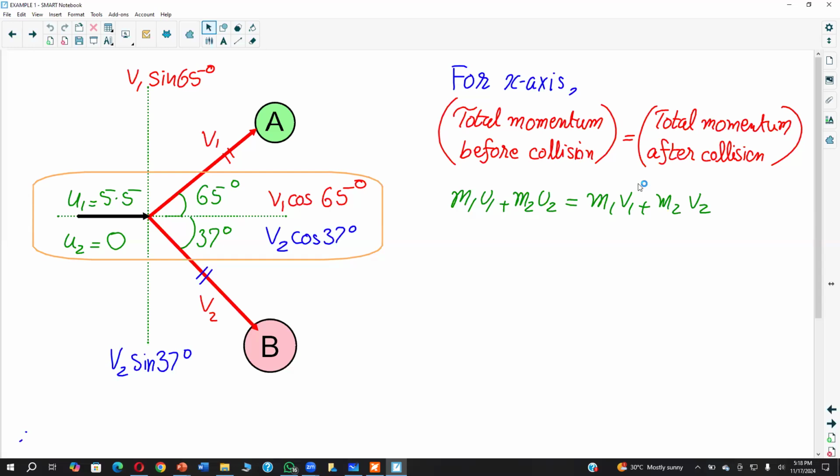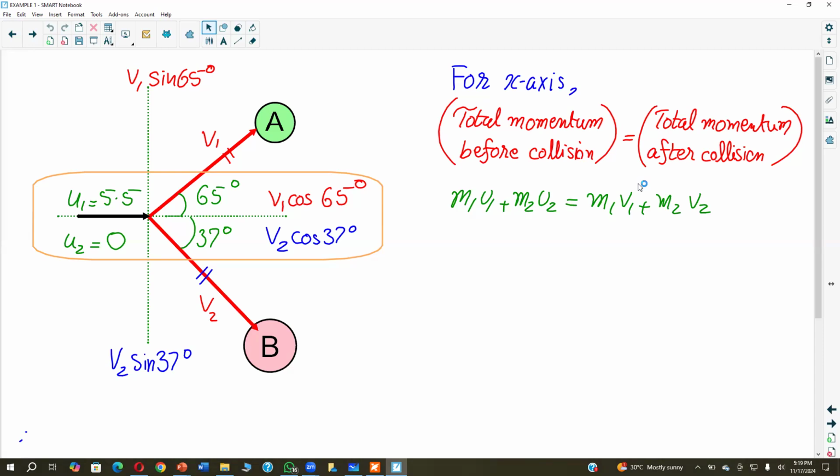So it will be 0.025 multiplied by 2. Done, sir. How will we find the velocity?